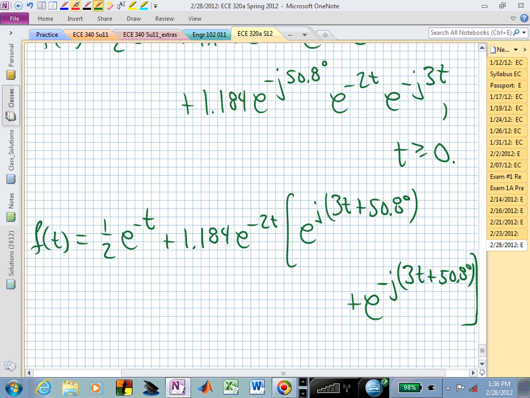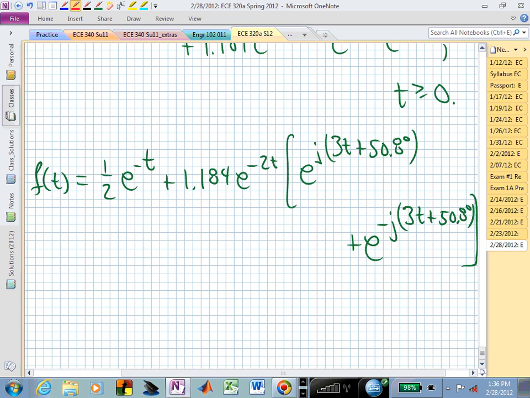And what you were just telling me is that what's inside that square bracket is 2 times the cosine. So this is now 2 cosine of 3t plus 50.8 degrees.